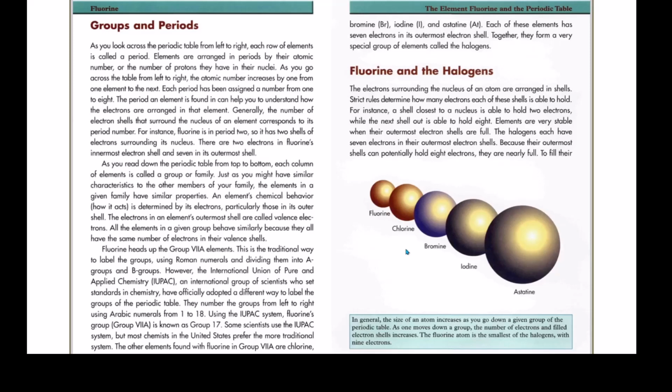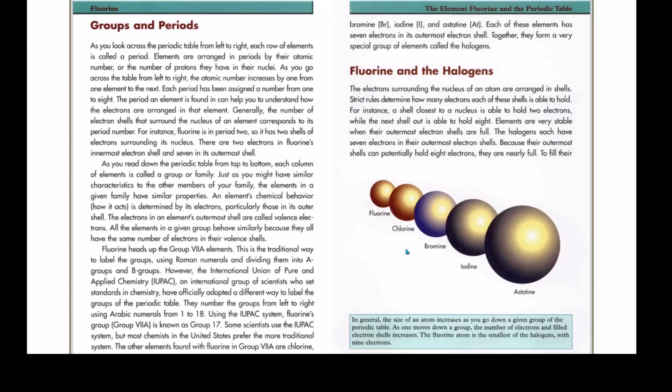The groups from left to right use Arabic numerals from 1 to 18, using the IUPAC system. Fluorine's group VIIa is known as group 17.